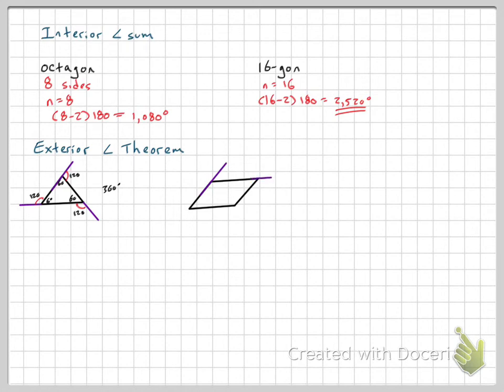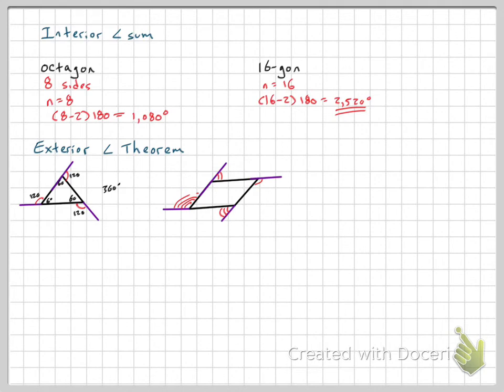Now imagine we go over to this quadrilateral. I'm going to extend my sides again. So I have my exterior angles one more time. Now I'm putting the same number of arcs, but that doesn't necessarily mean that they're all the same measure. It's just for diagram purposes. Now we know that for a quadrilateral, that'd be n minus 2 times 180, that's 2 times 180, that's 360.